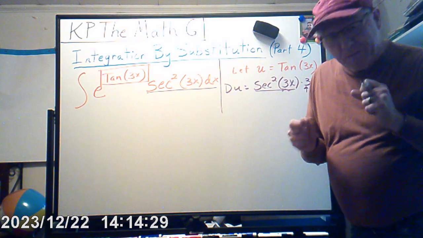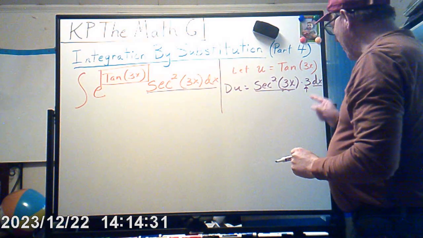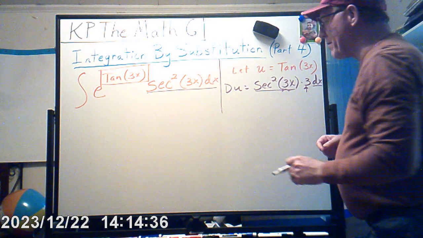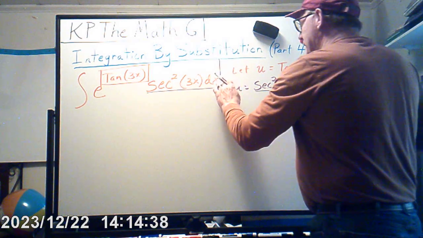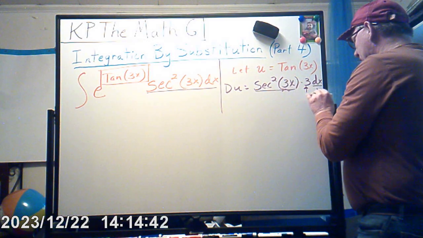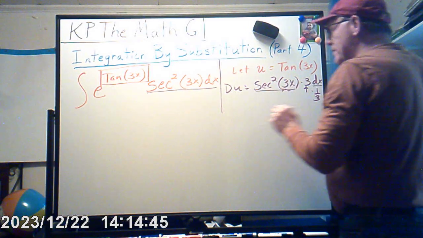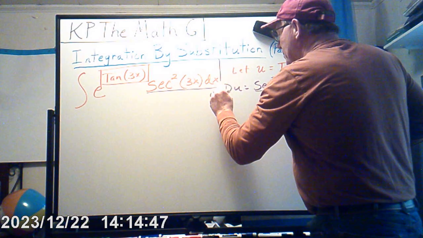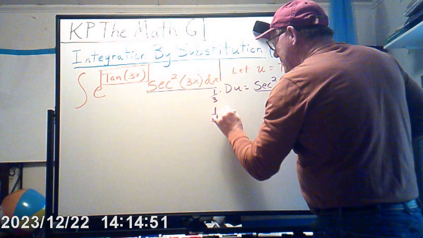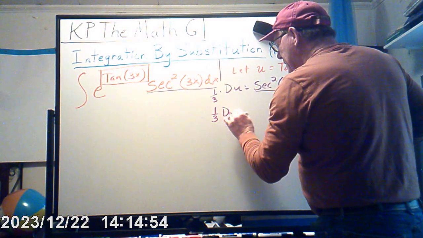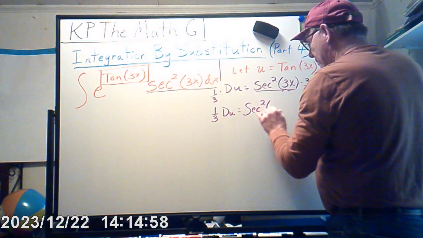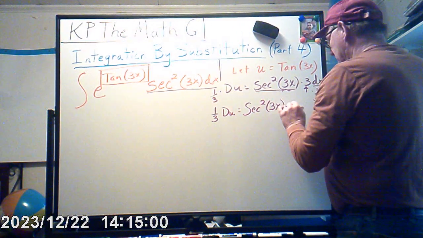Please understand that. How do I get rid of the 3? Well, two ways. I can either divide by 3 or I can multiply by 1/3, and I'm going to do just that. So if I multiply this side by 1/3 and multiply this side by 1/3, I have 1/3 du is equal to secant squared 3x dx.